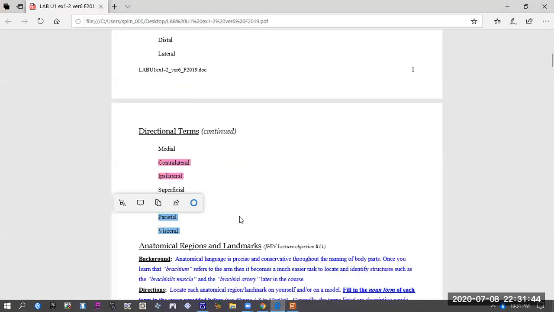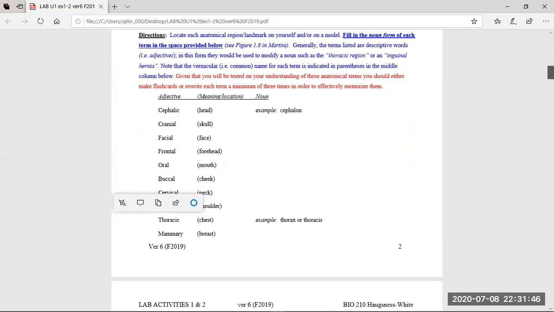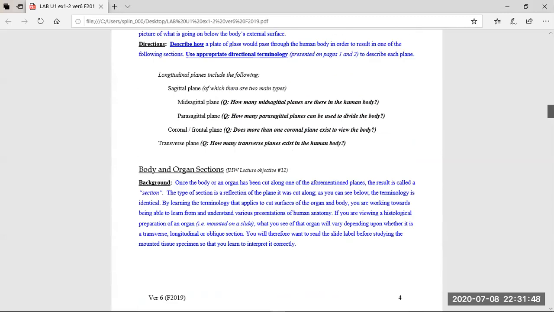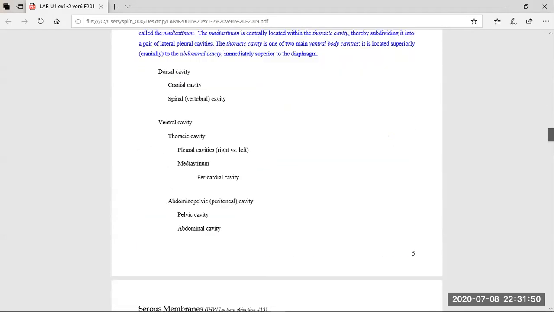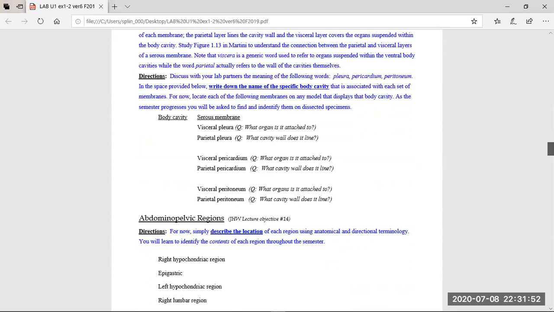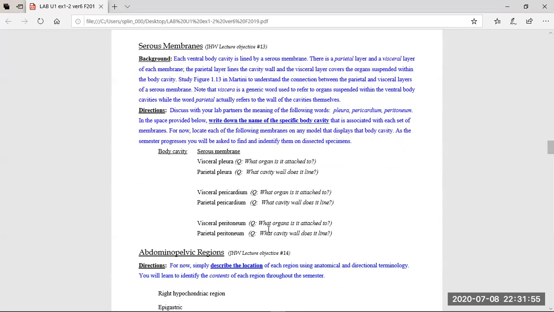And the anterior abdominal cavity, specifically the peritoneal cavity, has its own peritoneal membrane or peritoneum.